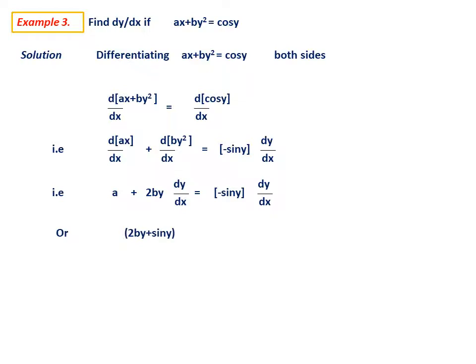Therefore 2by plus sin y into dy by dx equal to minus a. So the a which is in the left side you have to take right side. Now what is dy by dx therefore? Dy by dx equal to minus a by 2by plus sin y. So this is the answer.